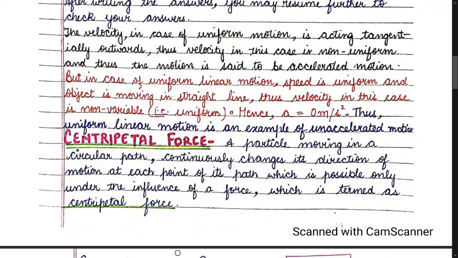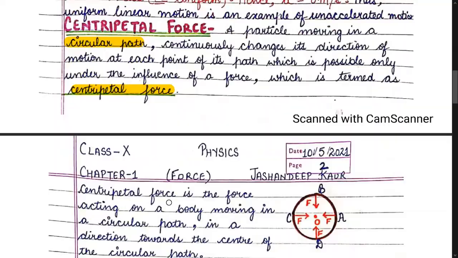Children, today we will learn a new kind of force. It is known as centripetal force. Whenever a particle is moving in a circular path, and this is very important so write it down, whenever the particle is moving in a circular path and continuously changes its direction of motion at each point of its path, which is possible only under the influence of a force, that force is termed centripetal force.